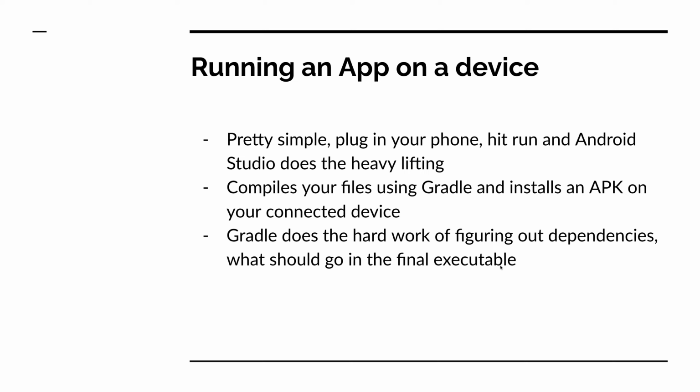Compared with iOS, where getting an app installed on your device is usually a little bit more of a pain in terms of how locked down the platform is and the different hoops you have to jump through. For Android, it's pretty easy. Android Studio uses a build system called Gradle, which figures out what dependencies your project has and what should actually go in the final executable, which is called an APK, and then it just works, and you'll see it running on your device.